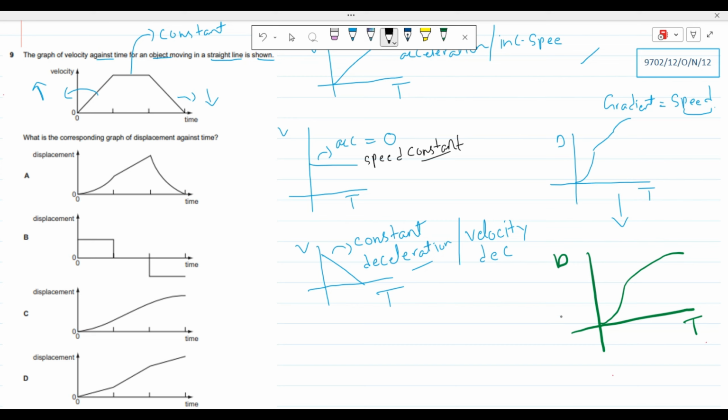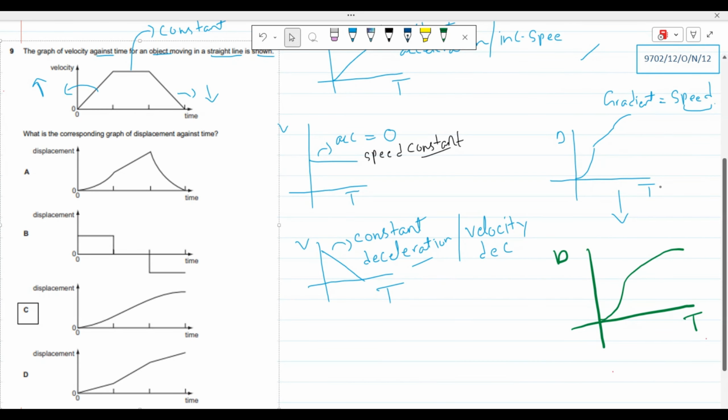Got it? So what can be our final answer with respect to displacement time graph? Final answer will be C. Got it? How? We first check the gradient of velocity time graph and compare it with the gradient of displacement time graph. Let me tell you one thing.